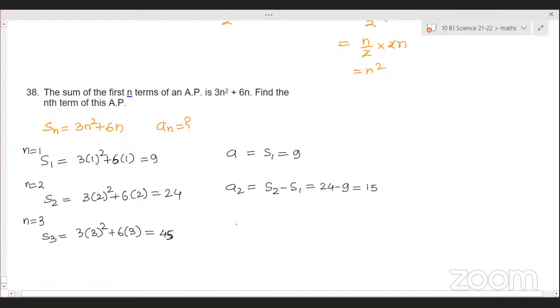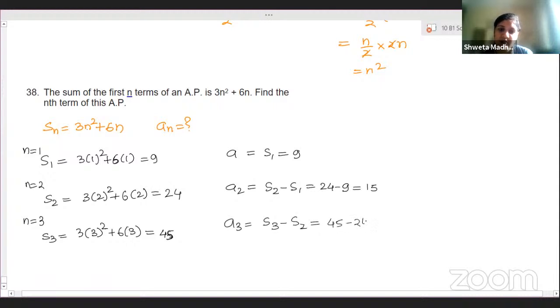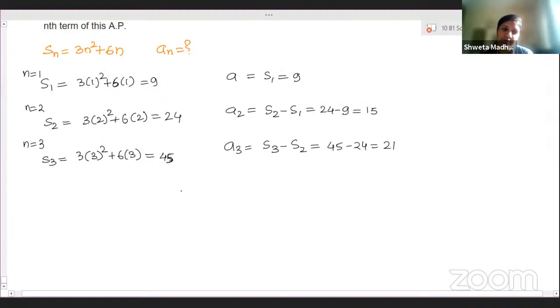What is A3, the third term? S3 minus S2, that is 45 minus 24, which is 21. So we got A1, A2, A3. That means we got the AP: 9, 15, 21, and so on.